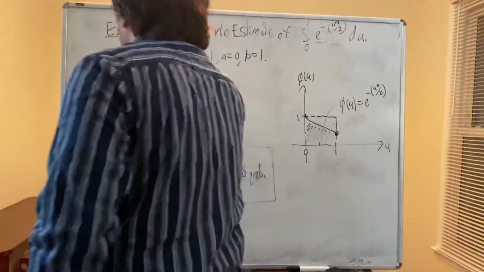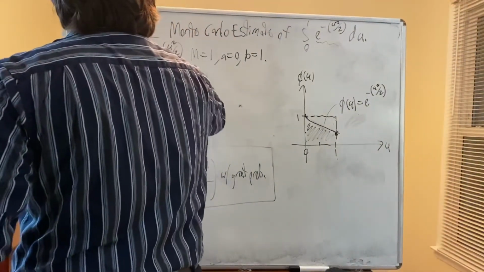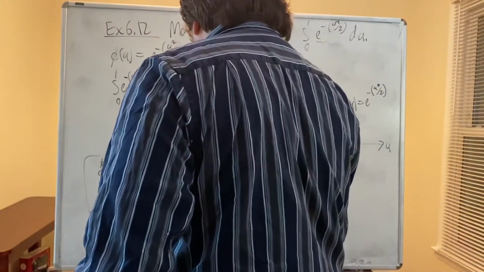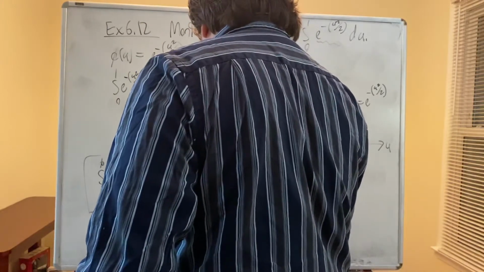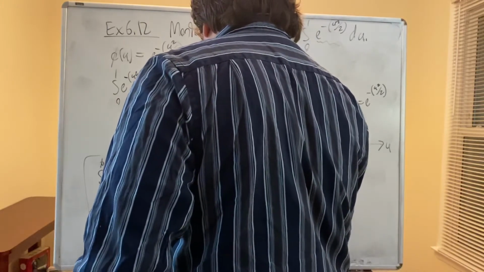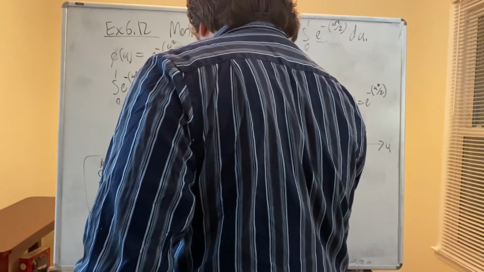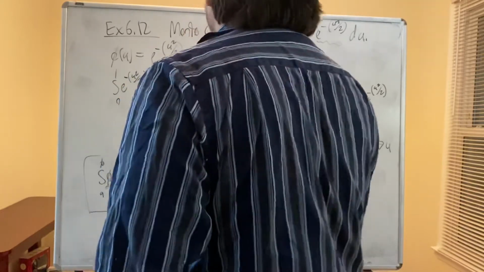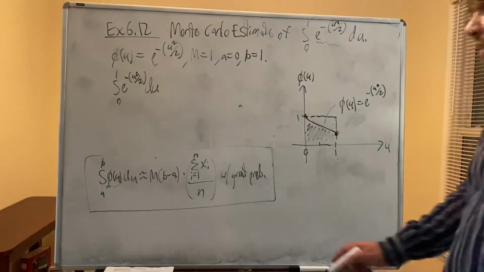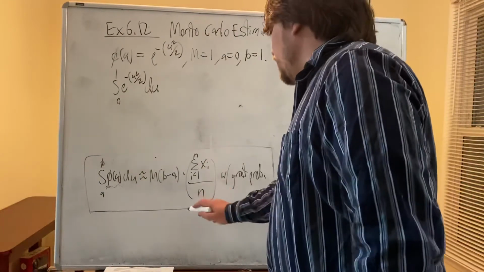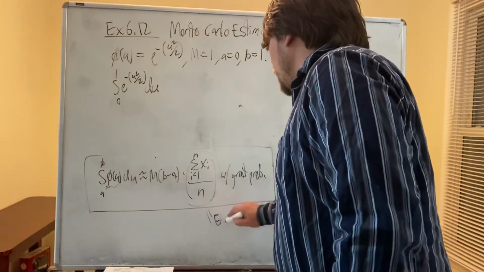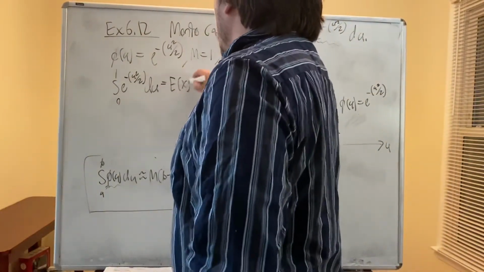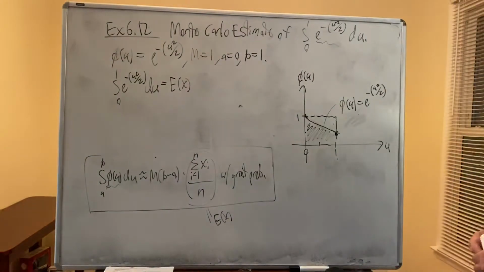So the definite integral from 0 to 1 of e to the negative u squared over 2 du, by the Monte Carlo estimate. So this thing is the expected value, right? This thing, remember, is equal to the expected value. And so if this is all 1, then this is equal to the expected value.